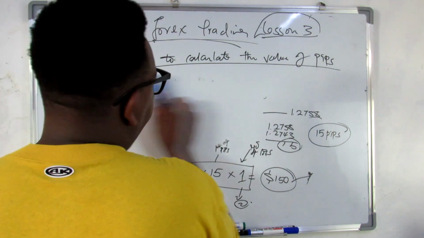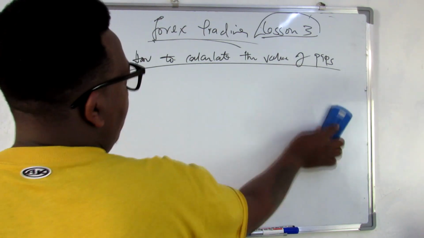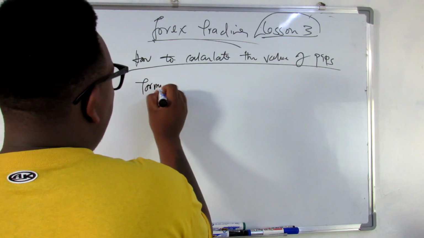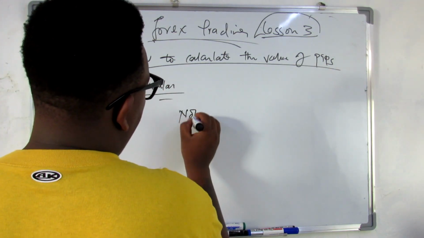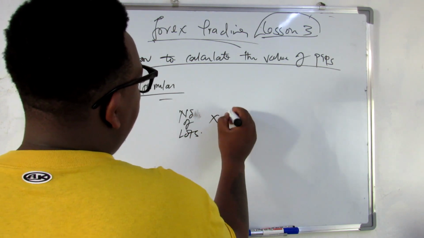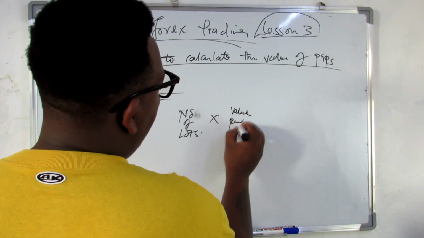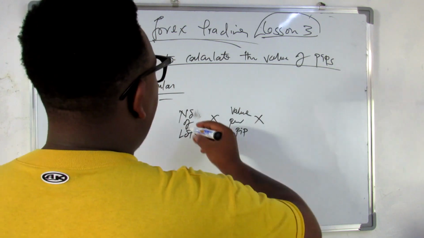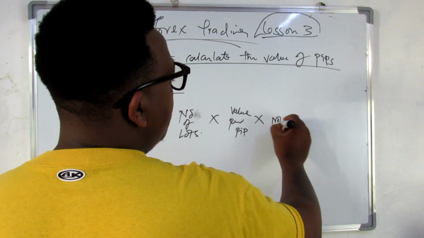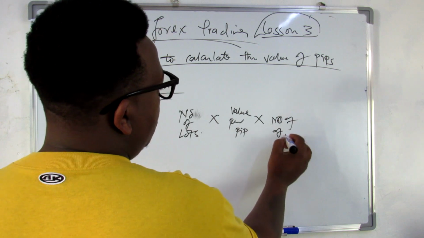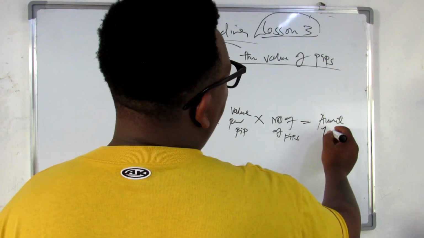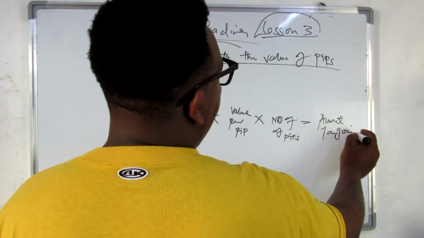So let me just clear this one. The formula that we will be using is the number of lot sizes times the value per pip times the number of pips, which gives you the amount of money you're going to make after executing that trade.